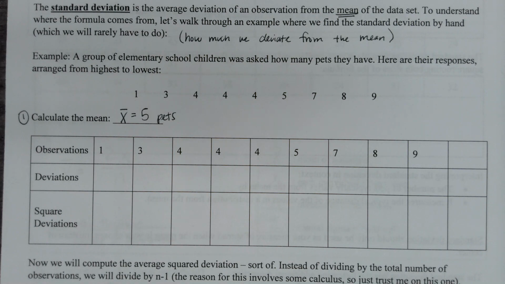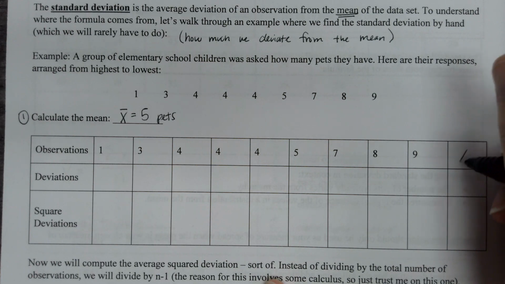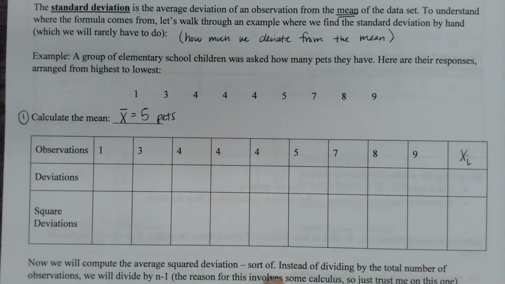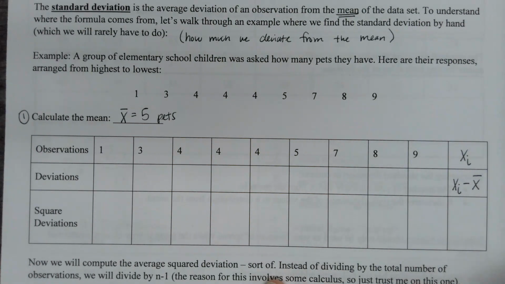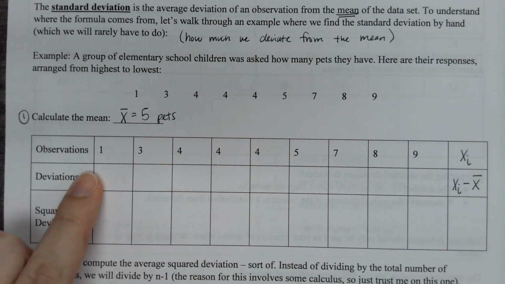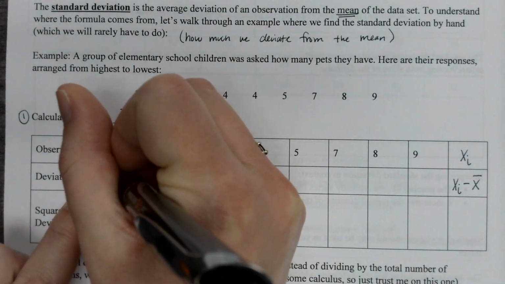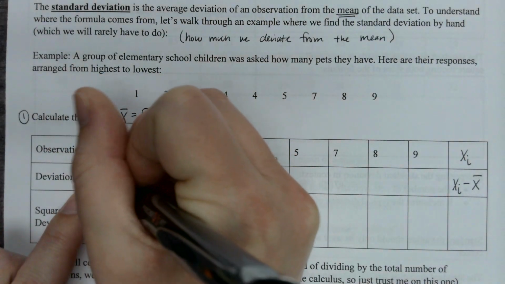Okay. Next thing we're going to do is take each observation and figure out how far it varies from the mean. So we're going to subtract the mean from it. These are all our individual observations. So I'm going to take 1, subtract 5 from it, and we'll get negative 4.